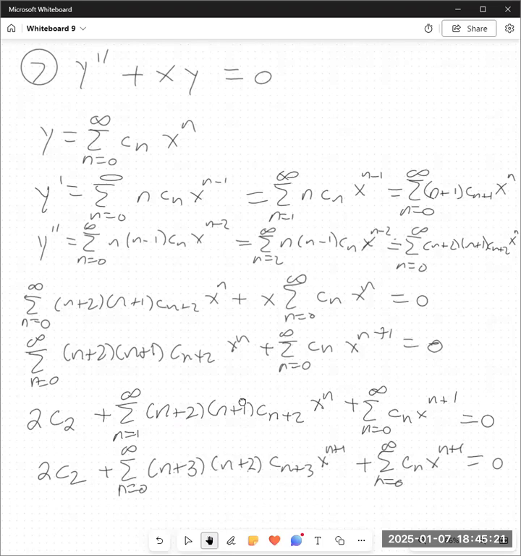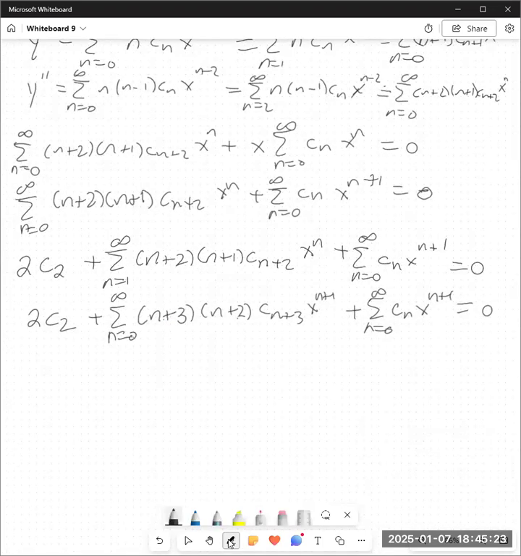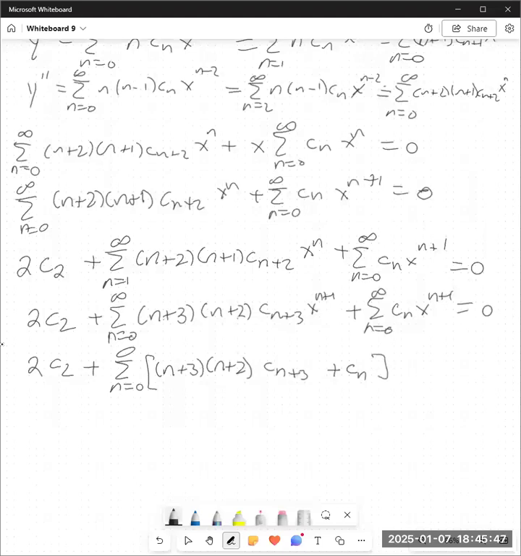Why did I do that? Why did I change the way that it looked? Because I wanted my series to start at the same place and my x's to have the same powers so that I can combine the series together into one series here. The sum from n equals 0 to infinity of [(n+3)(n+2)c_{n+3} + c_n], pull out that x^(n+1), set all that equal to 0.